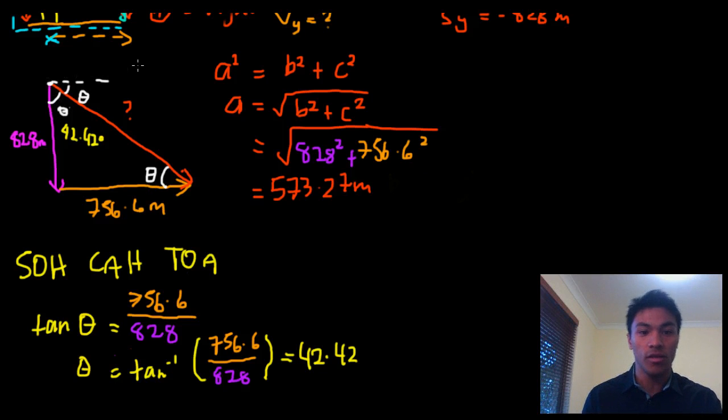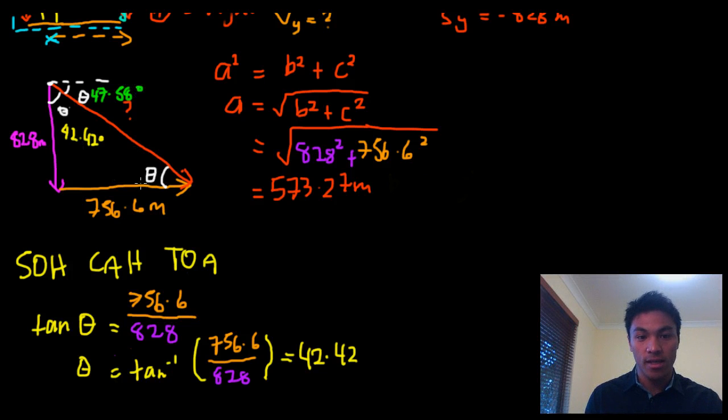Now we can use a little bit of common sense to figure out these other angles. If you have a look here, this complete angle here should be 90 degrees. So to figure out this angle, you just take that angle, 42.42, away from 90 degrees, which is going to be 47.58 degrees.